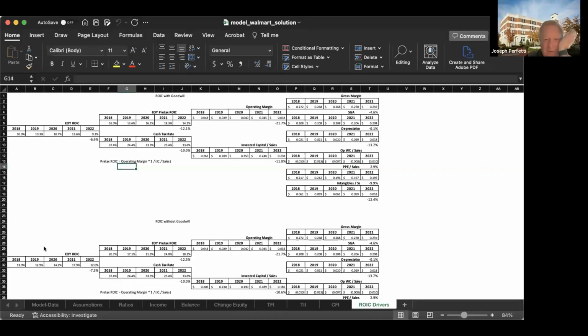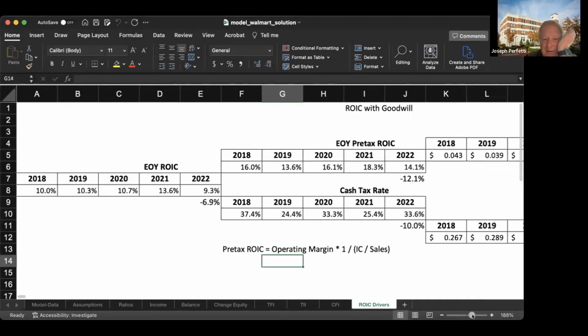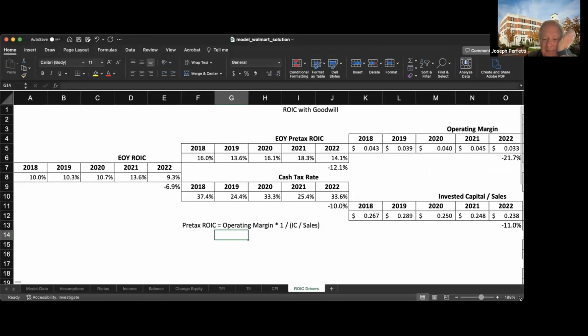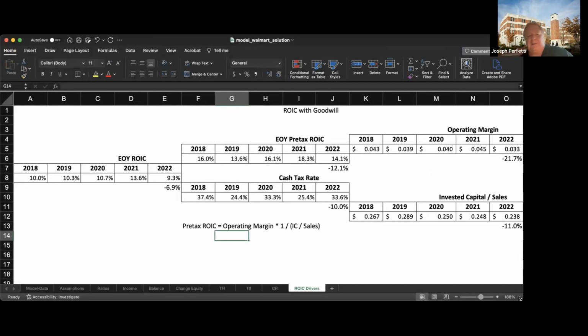And I'm going to let you guys tell me what's going on with Walmart. Talk to me about the first three drivers at the top level. What's going on with Walmart?